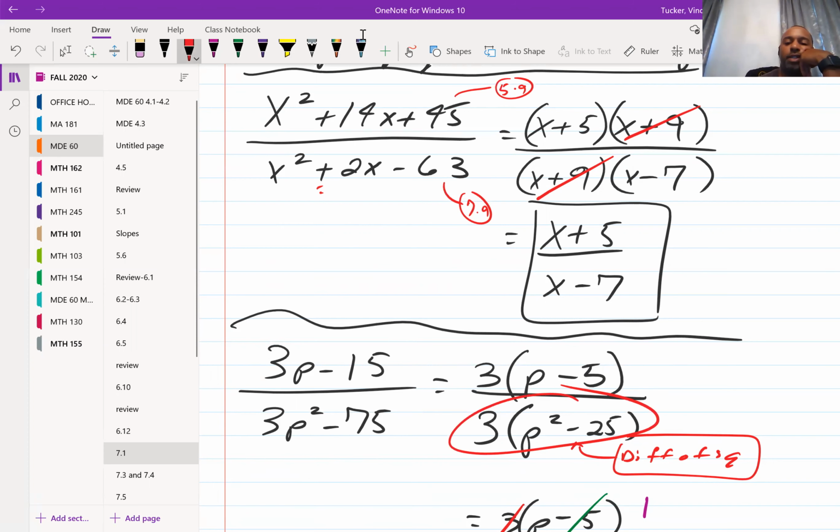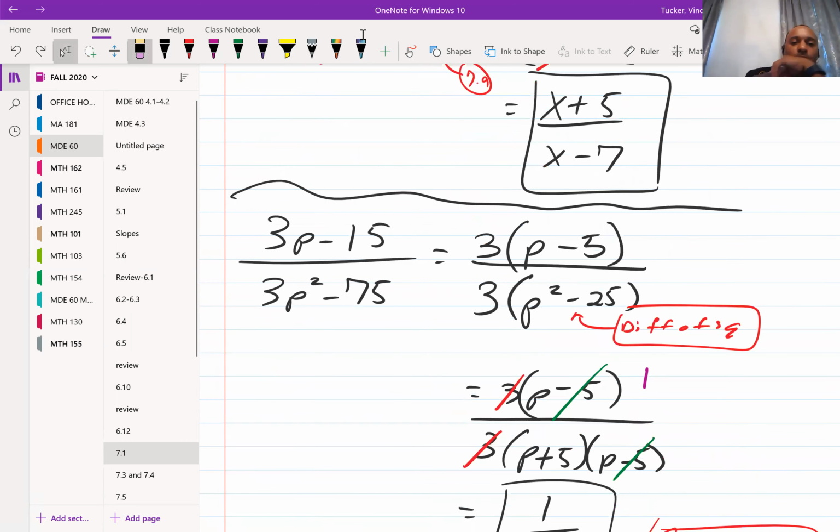Then down bottom, 3 times p squared minus 25. Then we recognize we have a difference of squares. P squared minus 25 factors out to give us p plus 5, p minus 5.